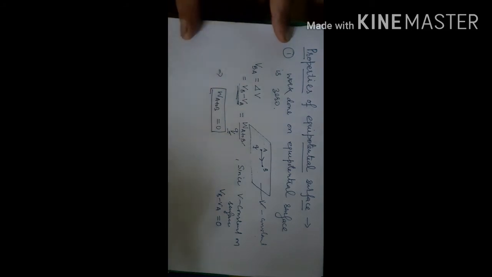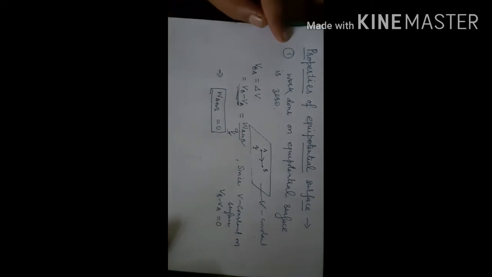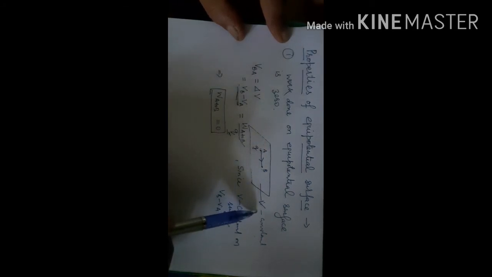If this term is equal to 0, it implies that the work done from A to B is equal to 0. So from here we conclude that the amount of work done to move a charge from A to B on an equipotential surface is equal to 0.